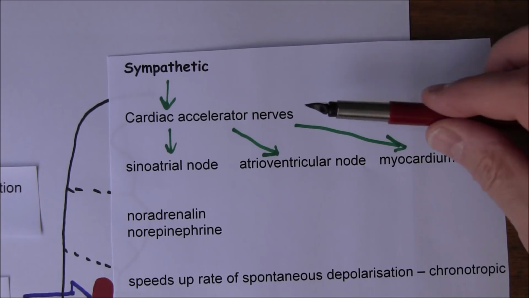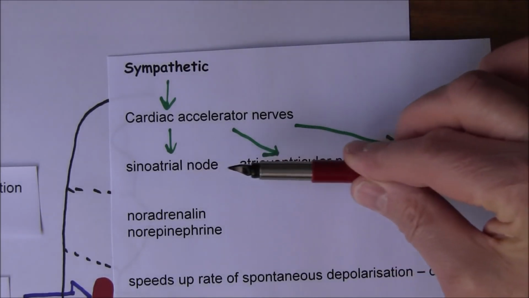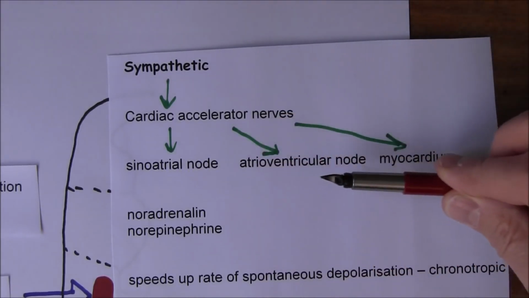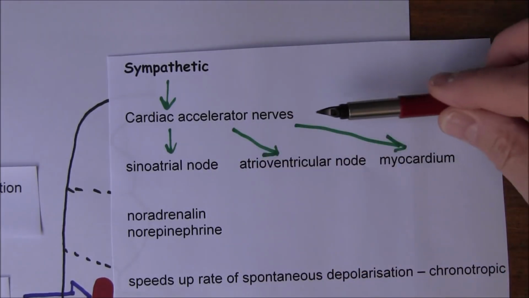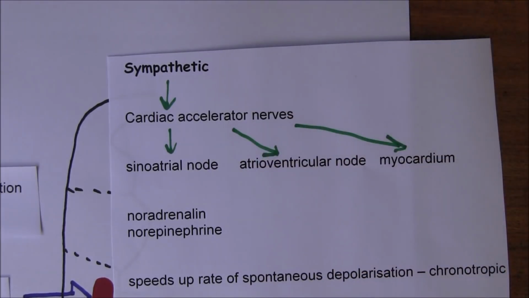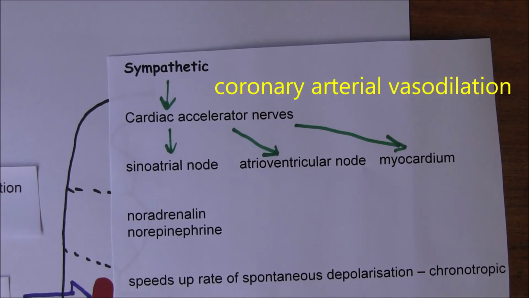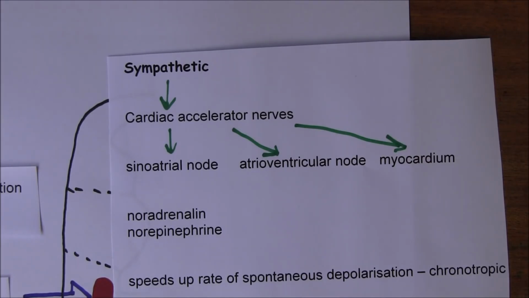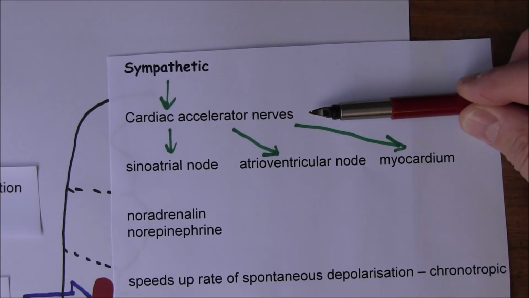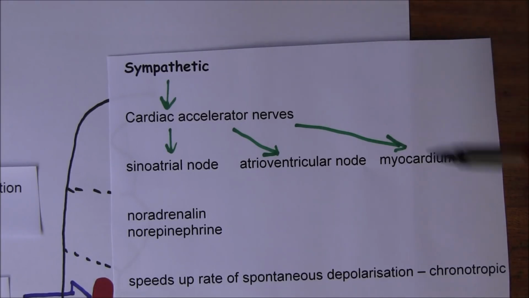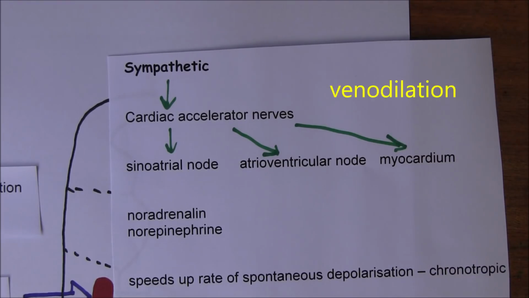So the cardiac accelerator nerves anticipate the increased workload generated by these physiological effects, and they dilate the coronary arteries, meaning more blood goes through the coronary arteries to supply the myocardium with more oxygen, more nutrients, and to wash away more carbon dioxide. And indeed, they will also dilate the coronary veins. So more blood is drained more quickly from the myocardium as well.